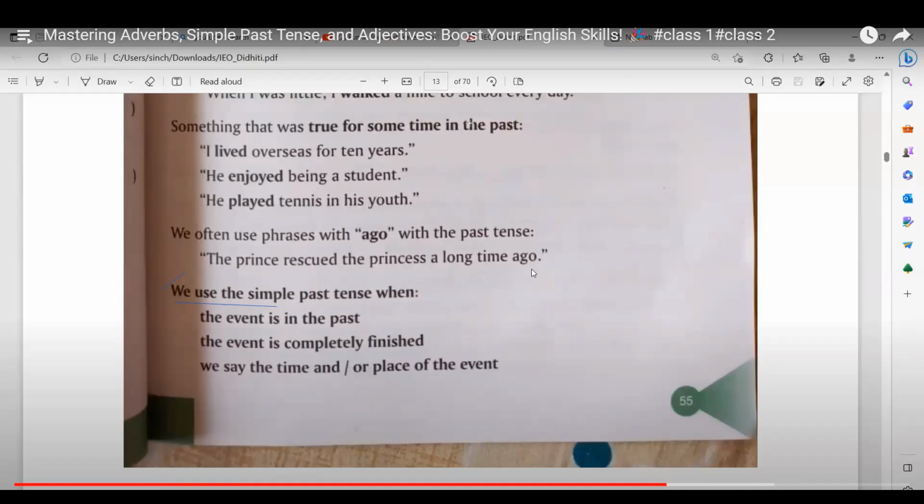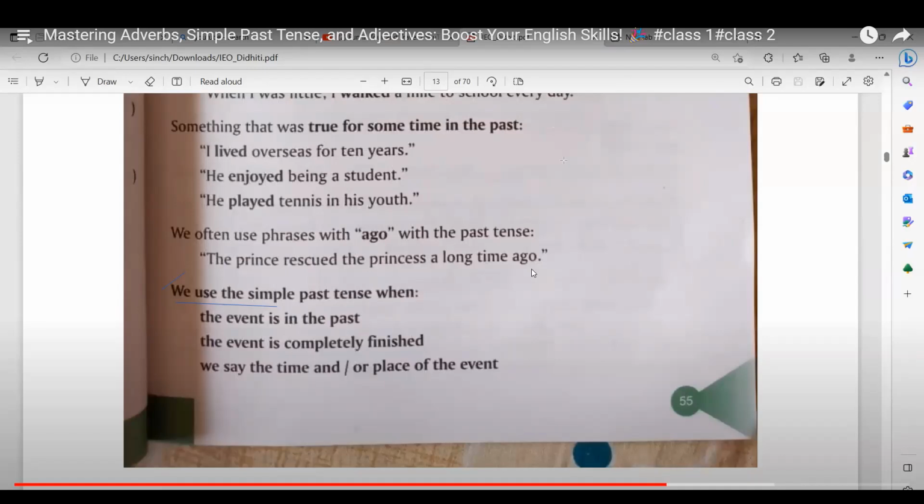Another example of the event is completely finished. Tuhin, can you give me an example, beta, of the event that has already been finished in the past? Yes, ma'am.